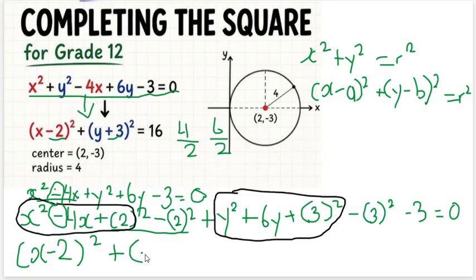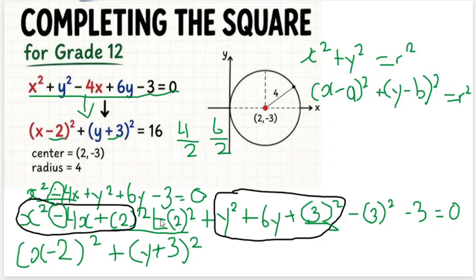we'll do the same thing for the y. Since here it's positive, here it will also be positive. The number that we got here, we're going to put it inside the bracket, squared. Once we're done with that, we deal with these negative numbers.